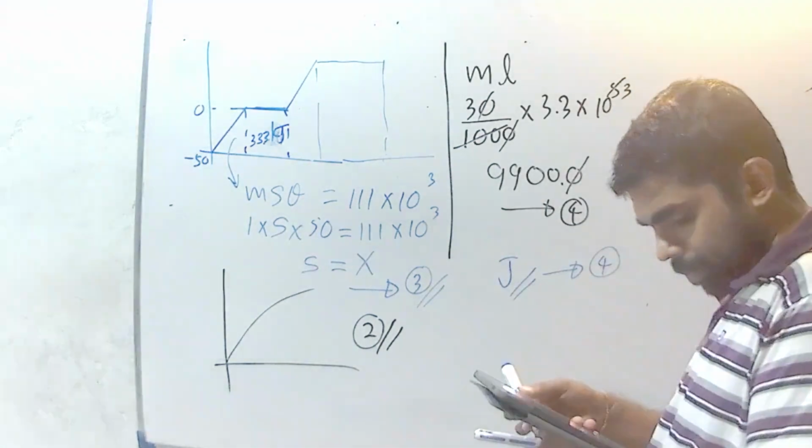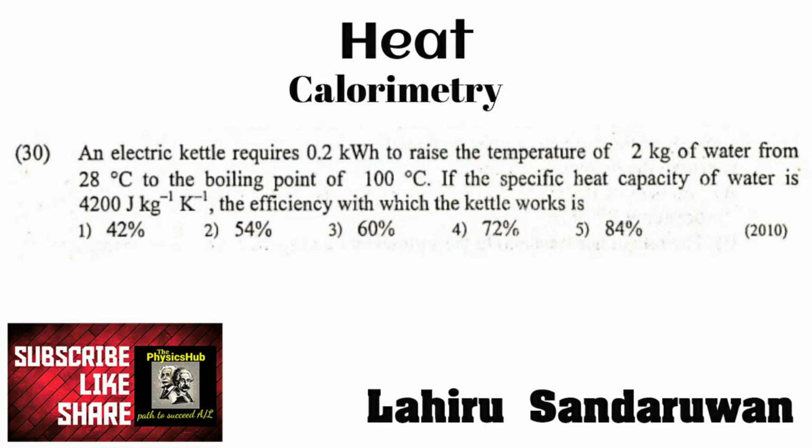Answer is 4. An electric kettle requires 0.2 kilowatt hours to raise the temperature of 2 kilograms of water from 28 to the boiling point 100 degrees. If the specific heat capacity of water is 4200, what is the efficiency of the kettle?